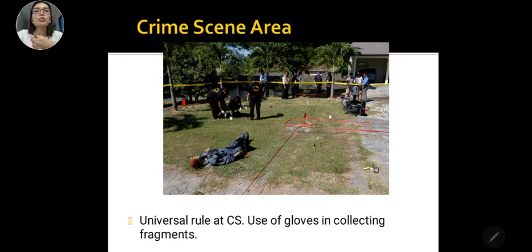Bakit yun yung golden rule? Kasi, di ba sabi nga ni Dr. Edmund Locard that every contact leaves a trace. So, para maiwasan natin na maiwan pa yung trace ng mga SOCO team natin doon sa crime scene mismo, that is why gumagamit tayo ng gloves and mask.